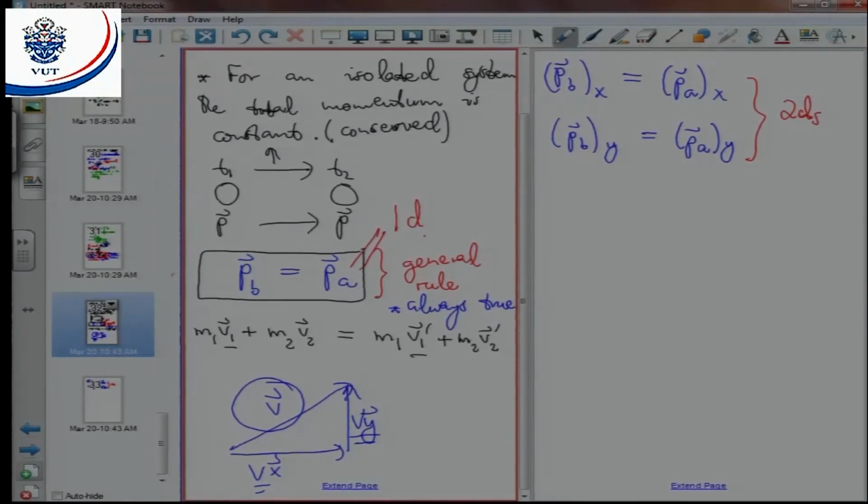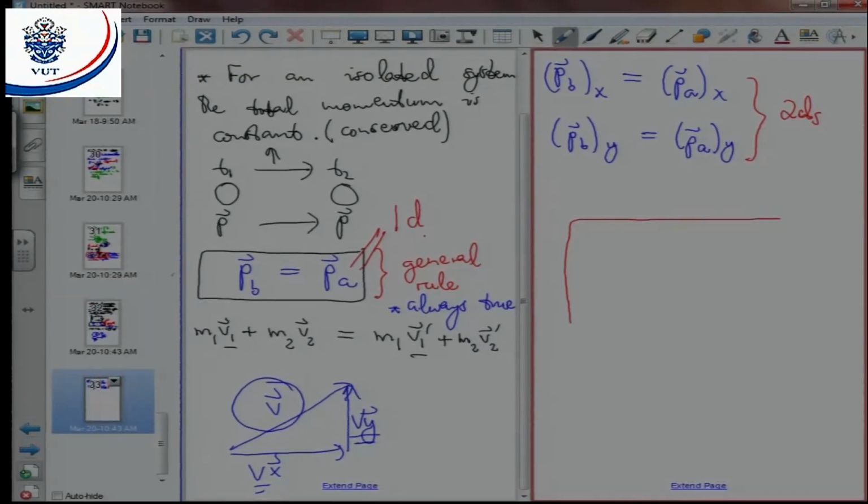Okay, so now that we have the conservation of momentum, let's have an example. Say you are playing pool with your friends. Remember that pool has 6 holes: 1, 2, 3, 4, 5, 6. There's a line where you place your white ball, say that's your white ball, and then over here you've got another ball, say it's the black ball.